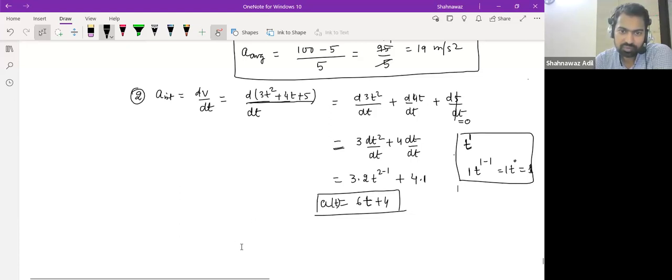They are asking us to calculate the acceleration at t equals 2 seconds, right? So t is 2. 6 times 2 plus 4, 12 plus 4, 16 meters per second square.